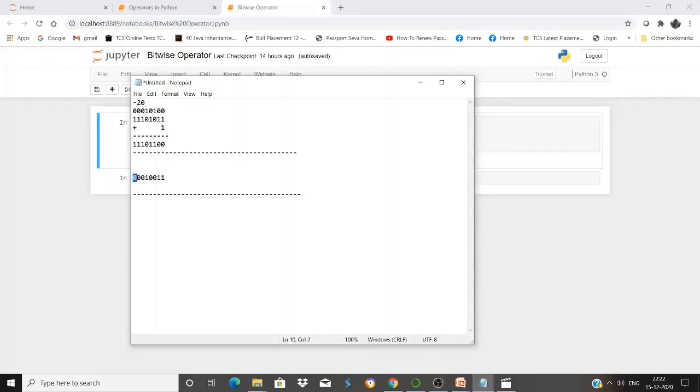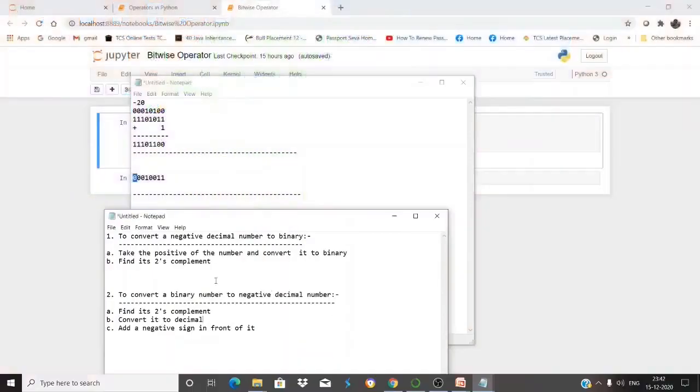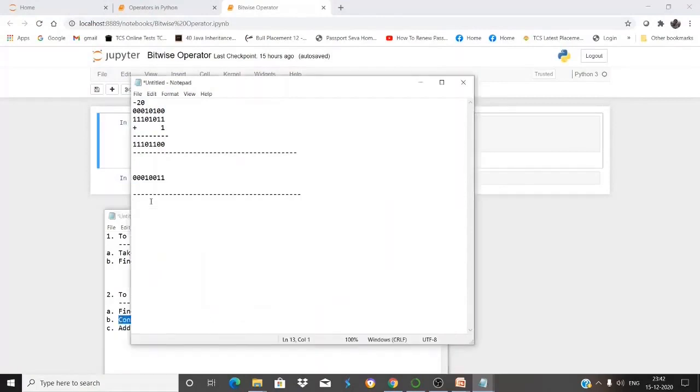When the leftmost bit or the most significant bit is 0, it indicates that it is a positive number. As it is a positive number, we will not perform step A and step C. For conversion from binary to positive decimal number, only step B is required. So if we convert this to decimal form, we will get 19.